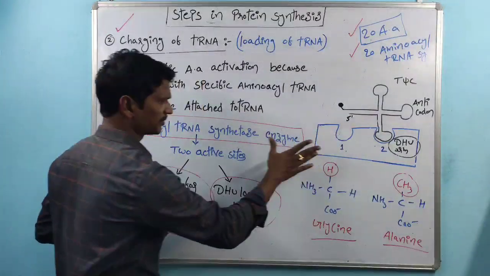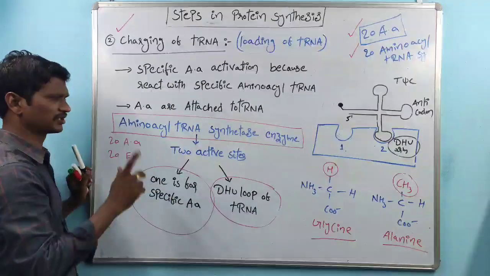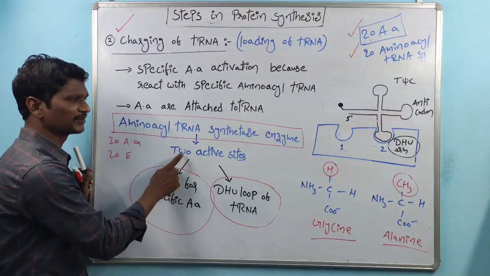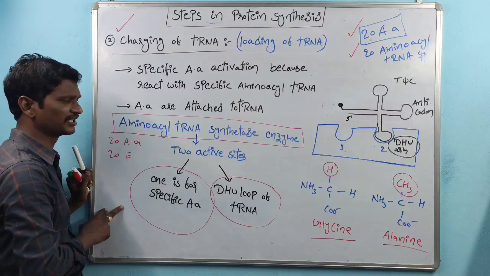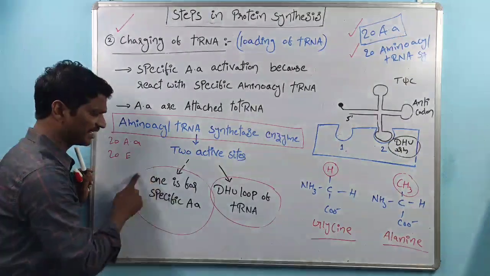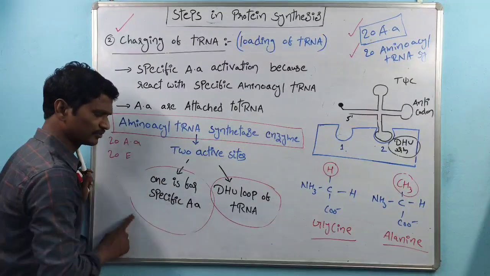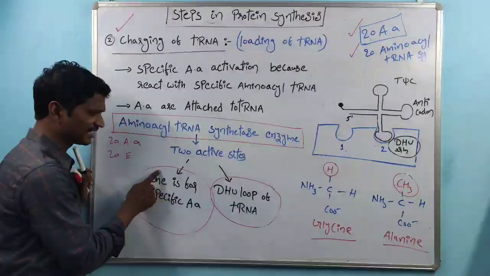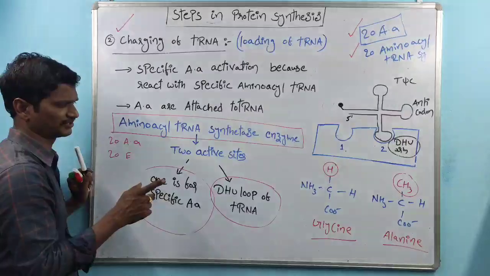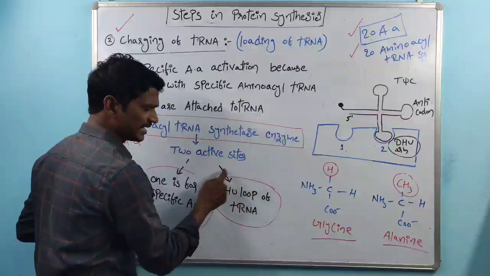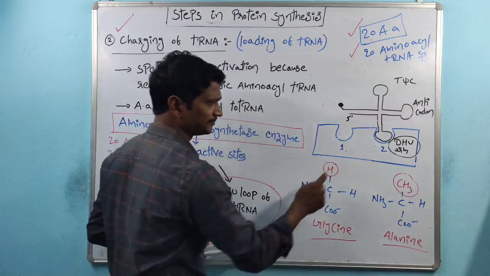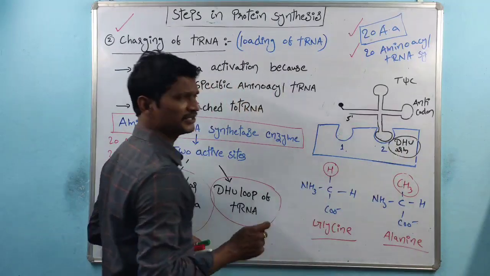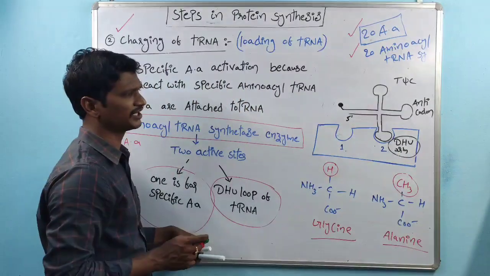The interaction depends on two steps, because the enzyme contains two active sites. The first active site specifically interacts with the specific amino acid, and the next active site of the amino acid tRNA synthetase enzyme interacts with the DHU arm of the tRNA.